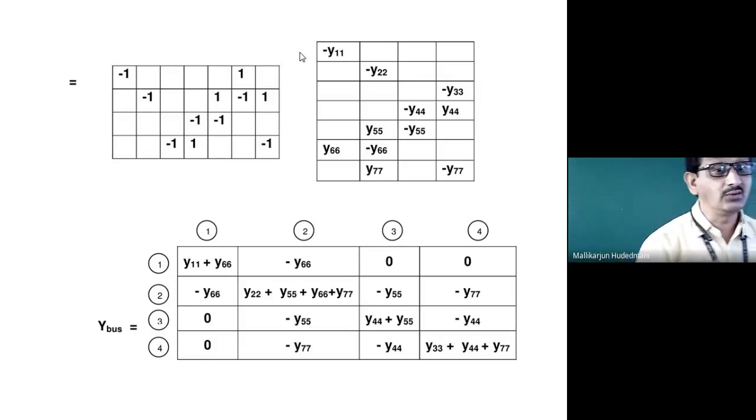So this was seen in the Y bus by the inspection method. So I come back to the second row, first column. Y21 refers to the negative of the admittance lying between 1 and 2. Nothing but 6, 6 is the admittance and the negative of it is placed. Is there an element between 2 and 3? Yes, there is.